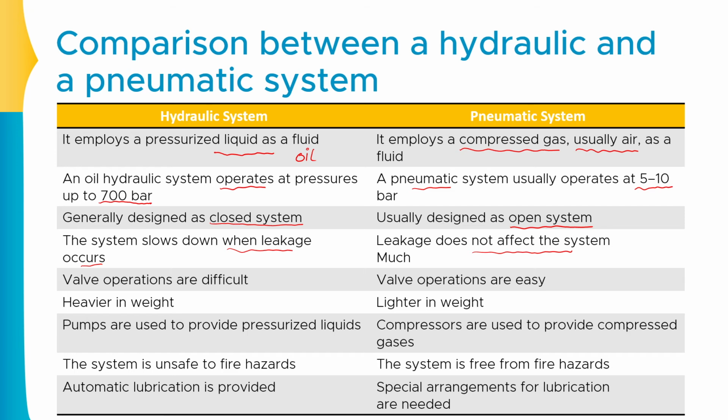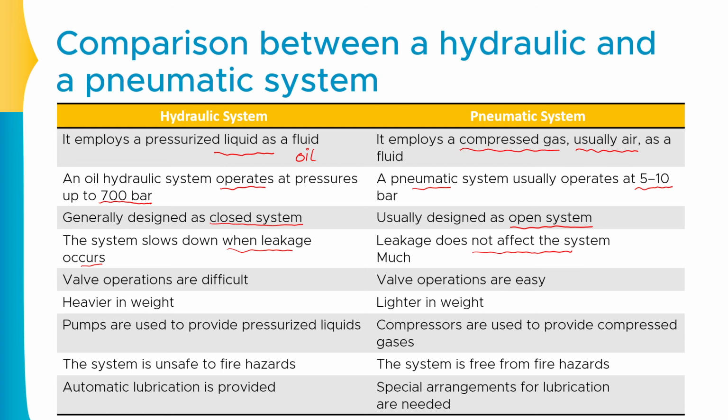There are two major reasons. Very first, the pneumatic system is taking air from the atmosphere, so there is no issue of air supply. And second, the operating pressure is very low, so there will be no major effect of the leakage on the system.